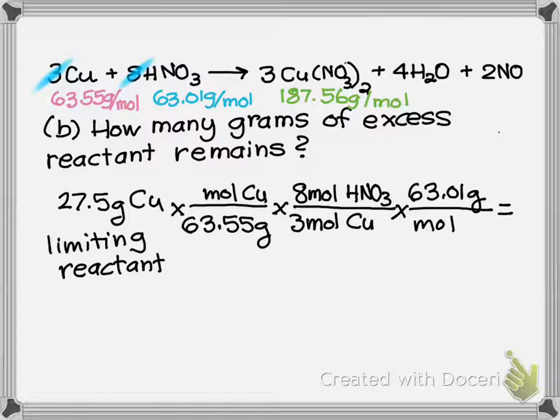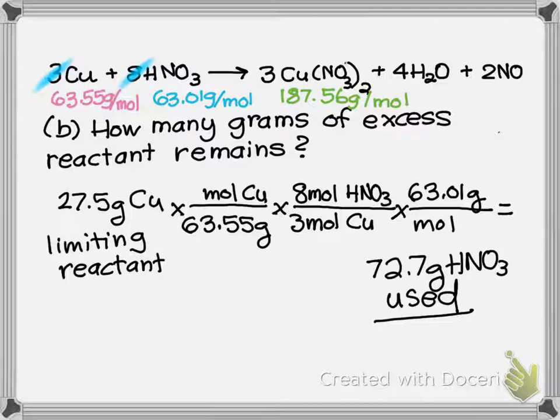I didn't mean moles, I meant grams. And so calculating this out, if you follow your units, I get 72.7 grams of HNO3. And this is not what's left. This is what is used.